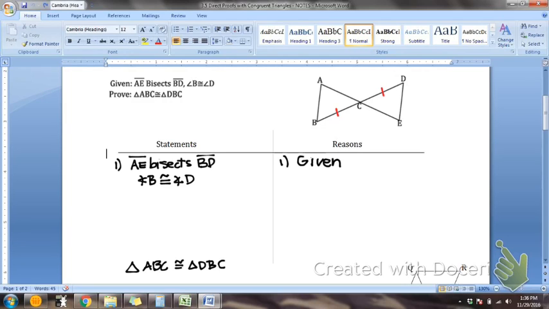Now, we don't know if the other 2 sets are congruent. We don't know if AC is congruent to CE. It didn't tell me that. All it said was that AE cuts the other one in half. It also tells me that angle B is congruent to angle D. So let's mark that. Angle B congruent to angle D.